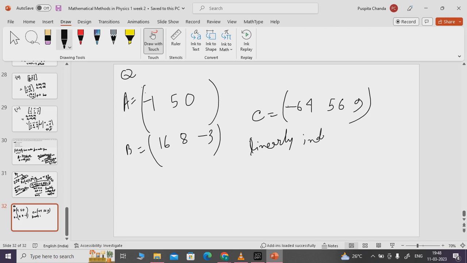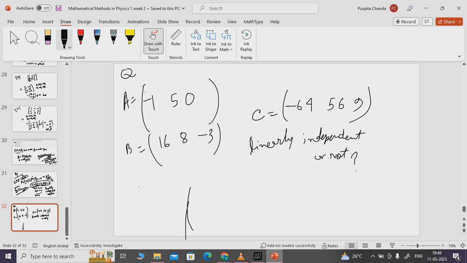Yes, ma'am. So it is simple, like you need to make a matrix which is -1 5 0, 16 8 minus 3, minus 64 56 9. Okay, and find the determinant.